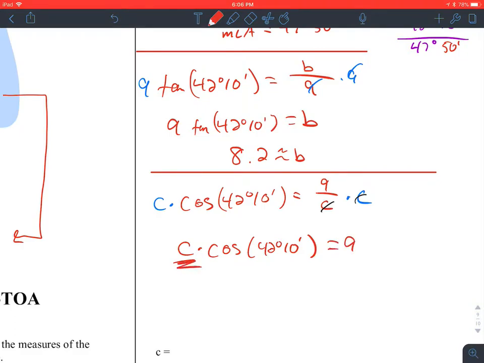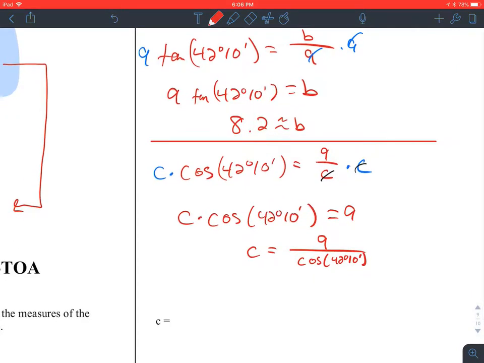To get c by itself, we divide both sides by cosine of 42 degrees and 10 minutes. That's going to give us c equals 9 divided by cosine of 42 degrees and 10 minutes. Put this into your calculator, and this is about 12.1.